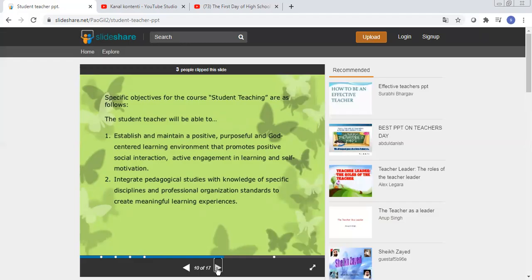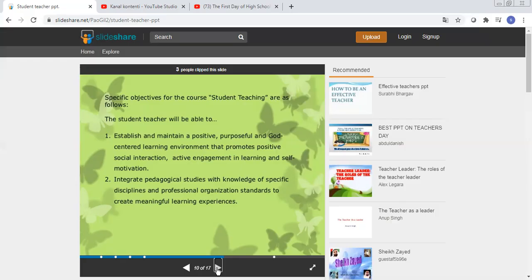Specific objectives for the course student teaching are as follows. The student teacher will be able to establish and maintain a positive, purposeful, and God-centered learning environment that promotes positive social interaction, active engagement in learning, and self-motivation.